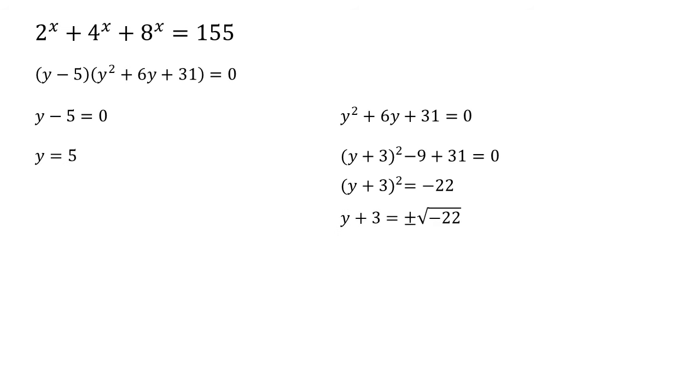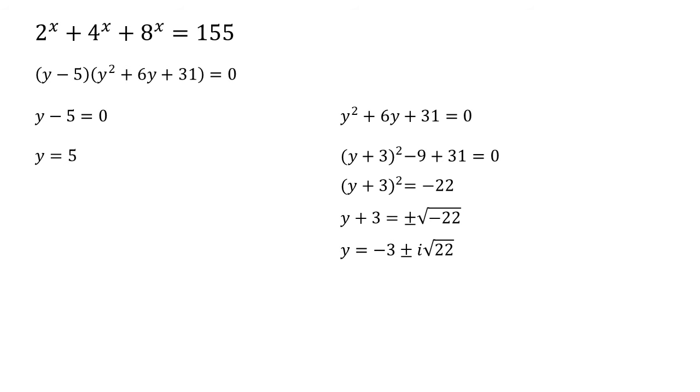So y plus 3 is equal to the square root of minus 22. If we're square rooting a negative, we're going to have an imaginary number here. So y is equal to minus 3 plus or minus i root 22. Now, as this is a complex number and we're just looking for solutions in the real numbers, we can ignore this one. We're just going to look at our y equals 5.